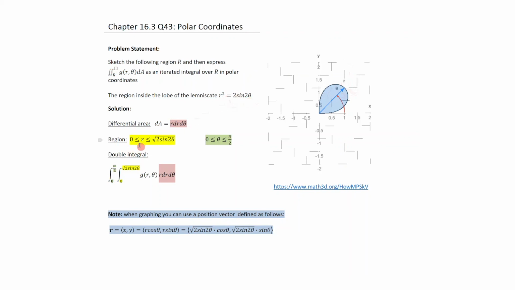So 0 is less than or equal to r, which is less than or equal to the square root of 2 sine 2 theta. This will be the range on r, and this will be the range on theta. You can take this information and immediately transfer it to the bounds on the double integral. This, of course, will be the Jacobian times dr d theta. So this integral is ready to go. We just need to know what g of r, theta is.